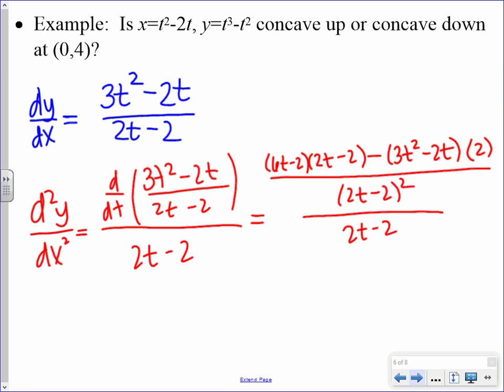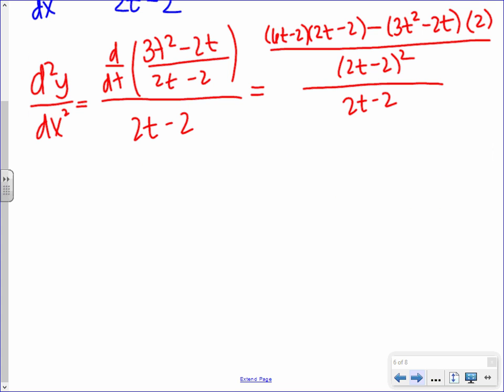Now what's nice about this is if you do have to use your quotient rule, then you have something similar in the denominator of your second derivative. This is dx/dt squared if we do the quotient rule, and here we have dx/dt. So we can squish these together for (2t minus 2) cubed.